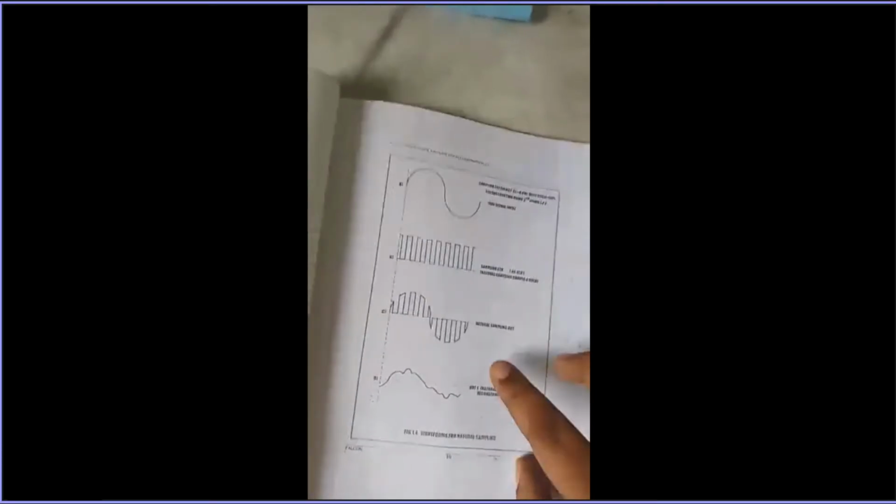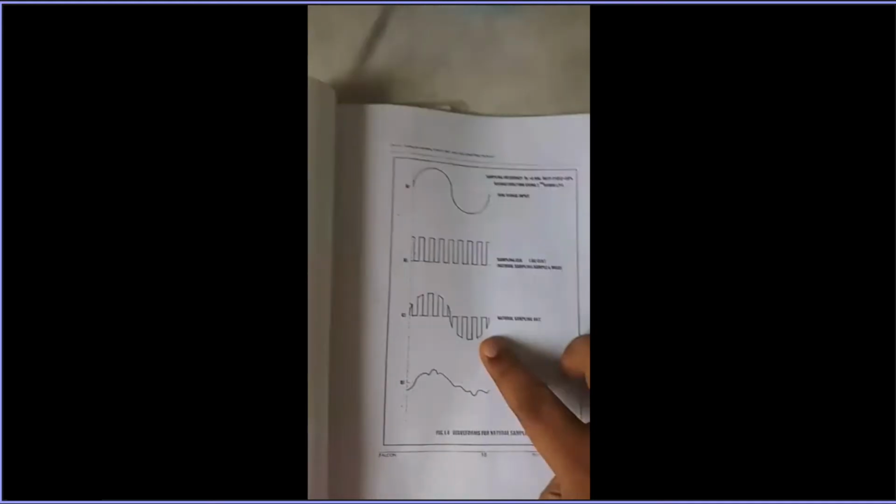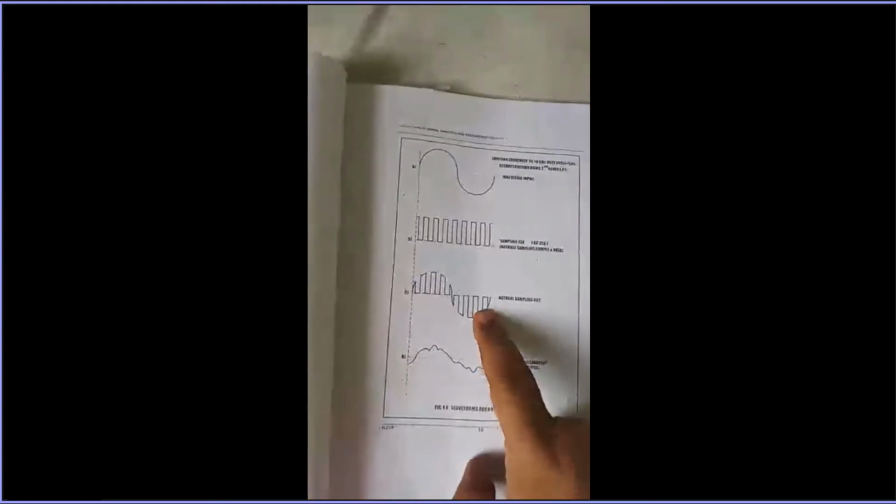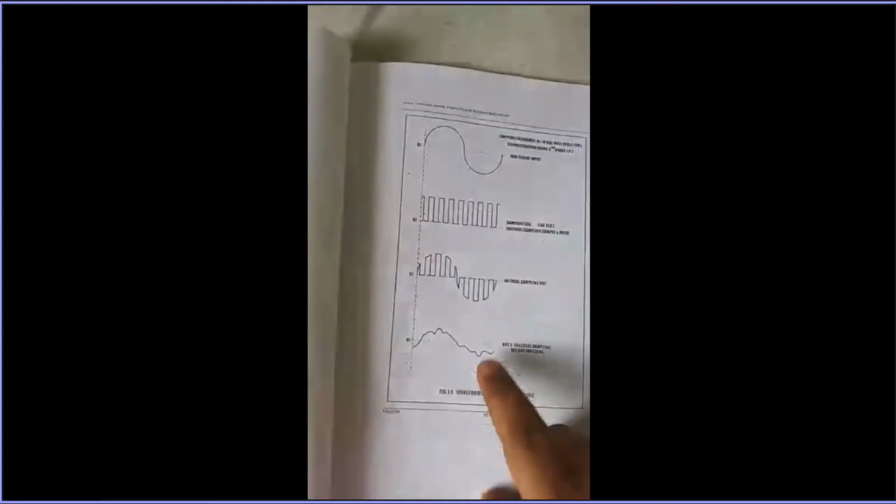So this is for the natural sampling. This is the train of impulse. So when it is multiplied with this one, you will have this output. And this is the reconstructed one. When it passes through the low pass filter, you will have this output.